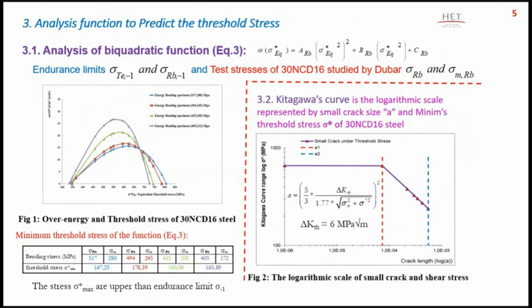The threshold stress sigma max is upper than the endurance limit.